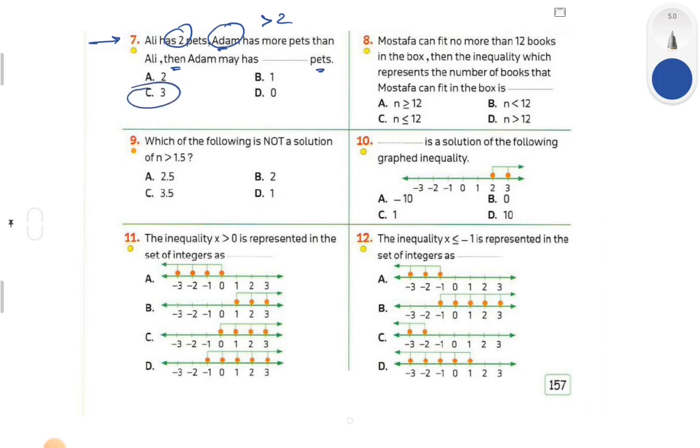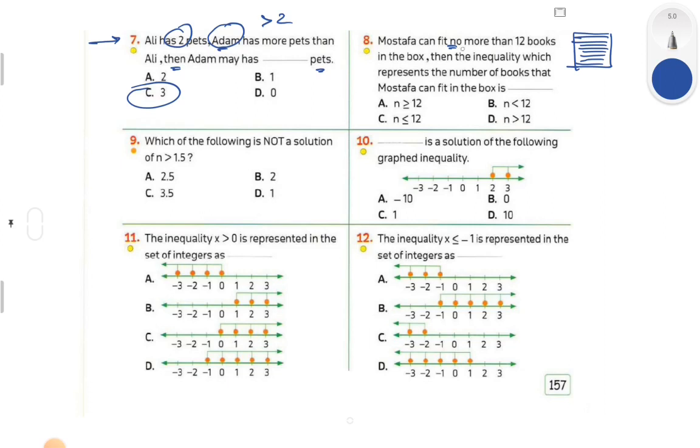Like 3. Mustafa can fit no more than 12 boxes in the bag. Okay, his bag may contain 12 boxes. No more. 13 no, 14 no, 15 no, maybe 11 or 12 or 9 and so on. So what's the correct inequality?